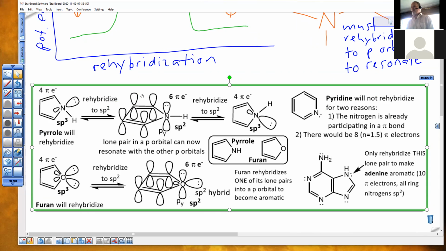It's called aromaticity. It's the topic of the chapter. It rehybridizes so it can achieve aromaticity. It has 6 pi electrons now. It has the 2 pi bonds for 4 and the pi electrons in this new p orbital, which can resonate. So you can draw yourself 5 different resonance forms for this.